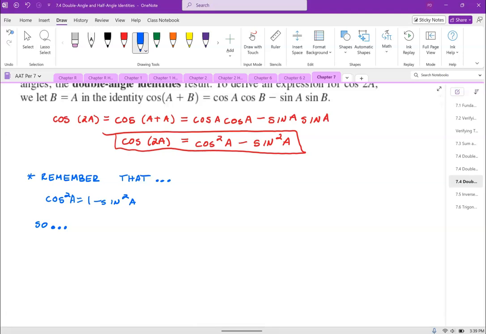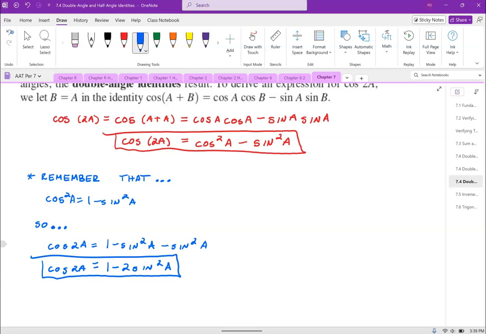So cosine of 2A is equal to 1 minus sine squared A, minus sine squared A, and we end up with an alternative version of the cosine double angle identity: 1 minus 2 sine squared A.